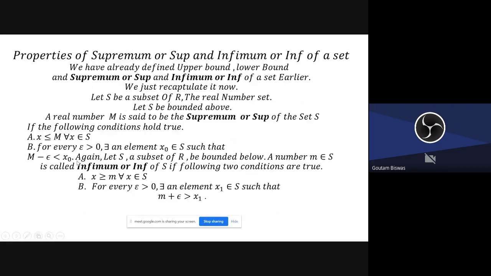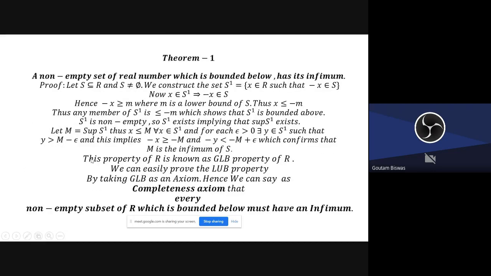This implies that minus x will be greater than or equal to minus M, and minus y will be less than minus M plus epsilon, which confirms that M is the infimum of S.